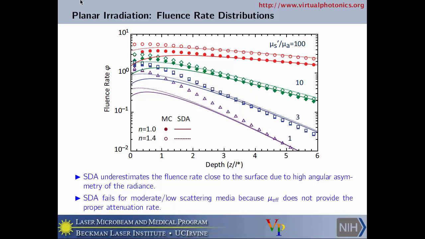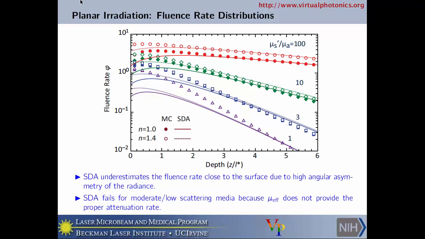Mu effective is the square root of 3 mu a plus mu s prime. Right. And if you're in the limit of no scattering, this goes to essentially the square root of 3 times mu a. Okay, which is the incorrect decay constant.